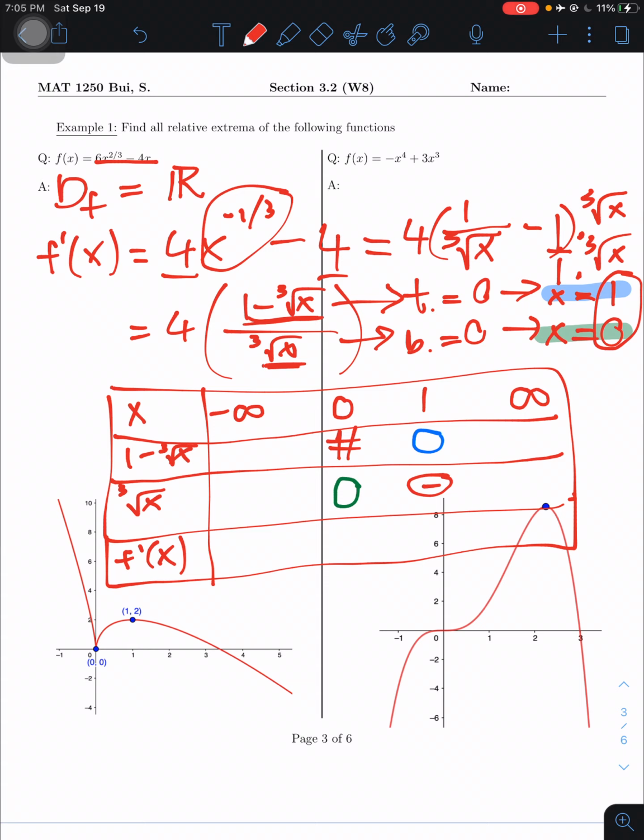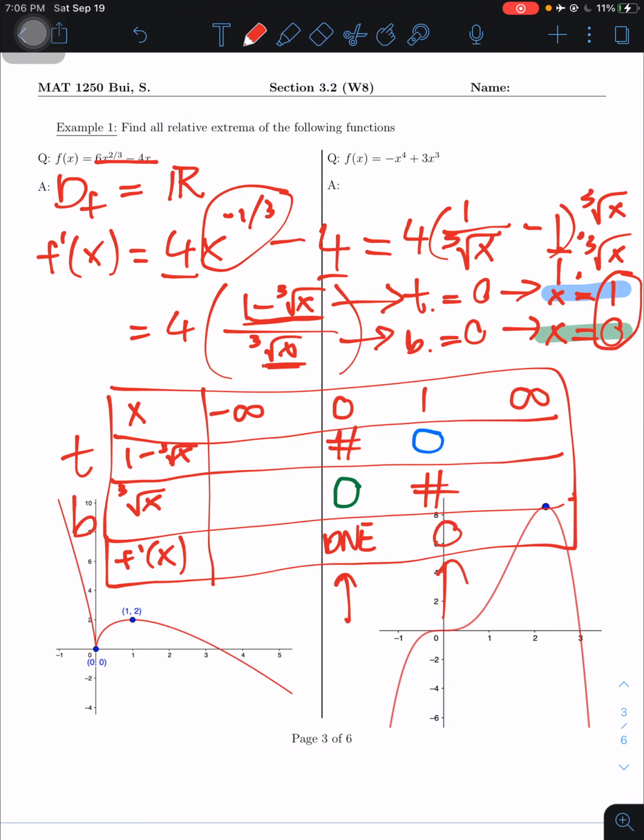Rather, you can just put a number or a slash. Personally, because I know it's going to be a number, I'm just going to use the number symbol. For f prime, because this one is the top part and this one is the bottom part, at this place we get a number divided by 0, which is undefined, or DNE. For the outer places, I get 0 divided by a number, which is 0.